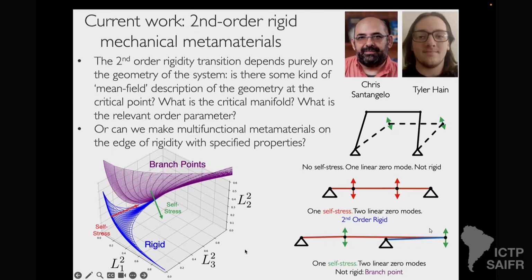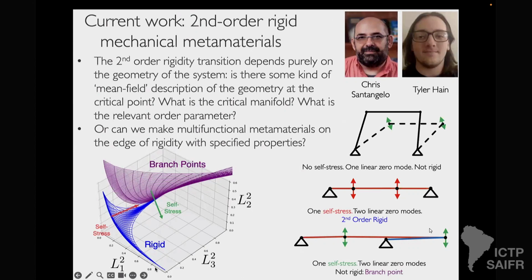But what I'm showing you here on the left is a mathematical analysis, because this was such a simple system. There are basically only 3 parameters, which are the lengths of these bonds. And I'm showing you a representation of the critical manifold that basically separates states that are floppy from states that are not, in this 3-dimensional space of the lengths.